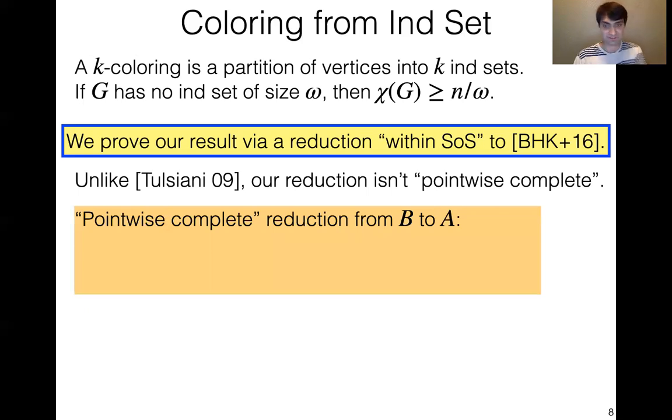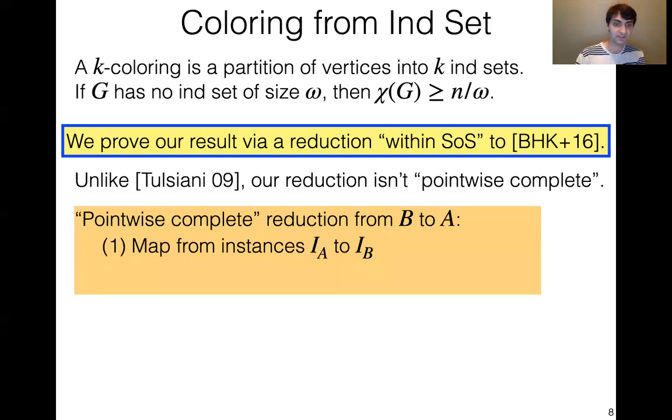So what is a pointwise complete reduction? Well, like a normal reduction, it is a map from instances of problem A to problem B. The direction of the map is actually reversed from maybe your typical algorithm's definition, because we're thinking in terms of lower bounds here, but that's fine.